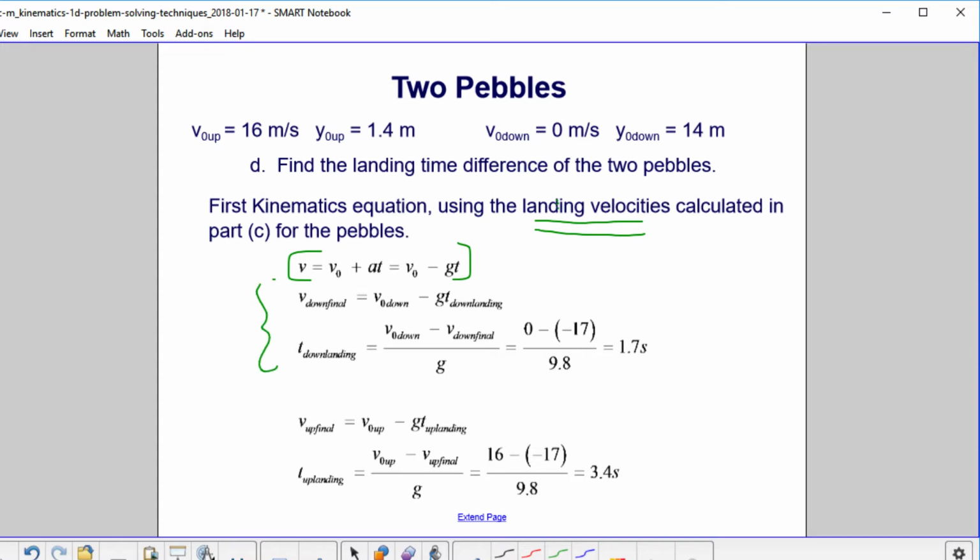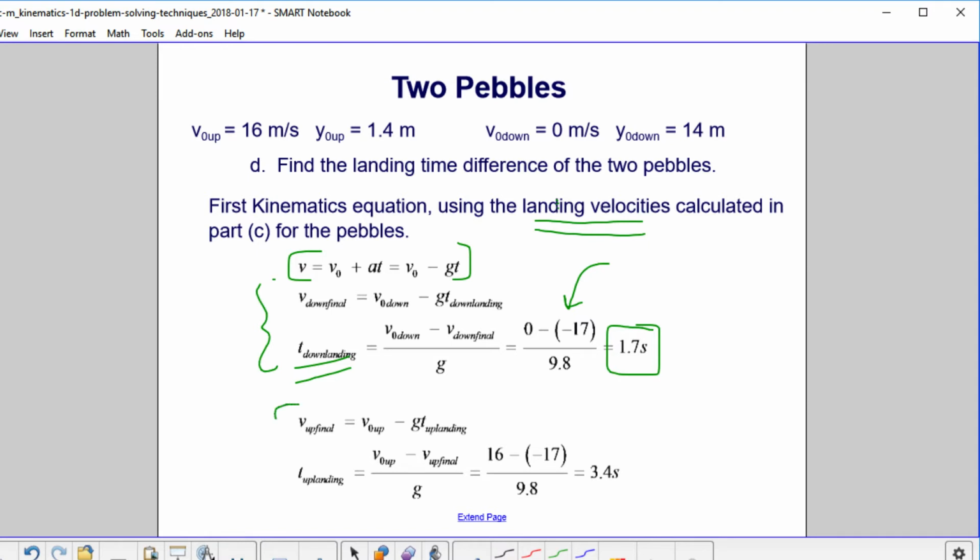The final velocity, the landing velocity, is equal to the initial velocity in the down direction minus gt. We rearrange the equation to solve for the landing time, and then we substitute in our values. Here's the negative 17 we found before. The initial velocity was 0, and we come up with 1.7 seconds for the pebble that is falling before it hits the ground.